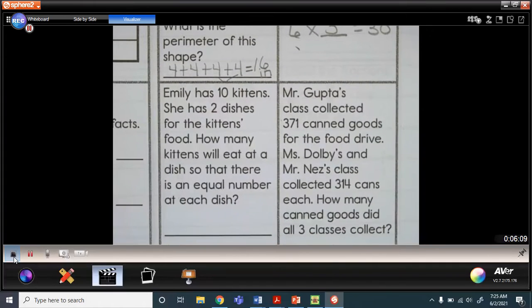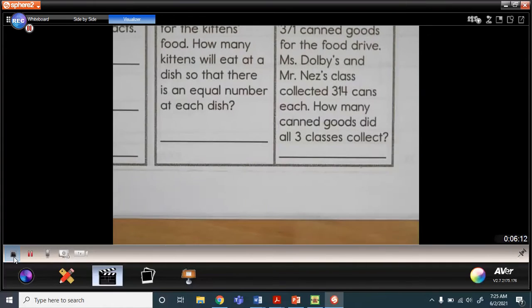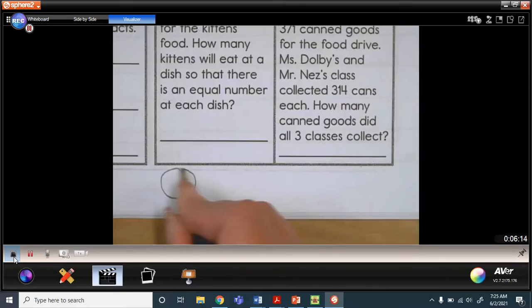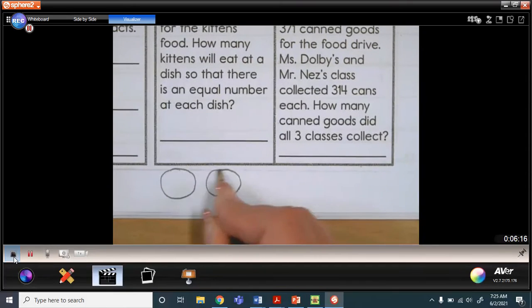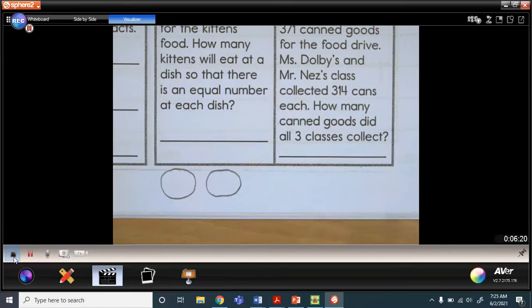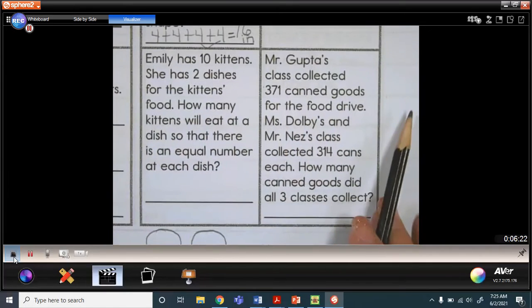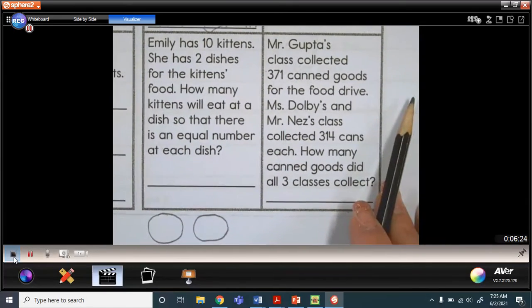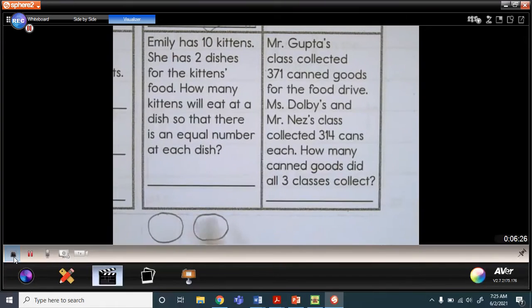So at each dish, if I have 2 dishes, let's think about this. Here are my 2 dishes. So I'm drawing a visual to help myself. And there are 10 kittens. So they're going to equally share around these 2 dishes.